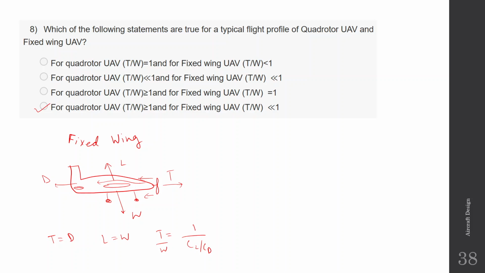Then you can see from the equation that your thrust by weight is equal to this, and CL by CD is usually greater than 10, so your T by W is less than 0.1.